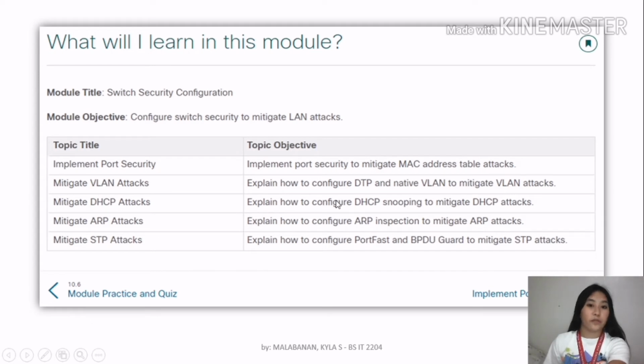Explain how to configure DHCP snooping to mitigate DHCP attacks, in the topic Mitigate DHCP Attacks. And explain how to configure ARP inspection to mitigate ARP attacks, in the topic Mitigate ARP Attacks. And of course, Mitigate STP Attacks, where we learn how to configure PortFast and BPDU Guard to mitigate STP attacks.